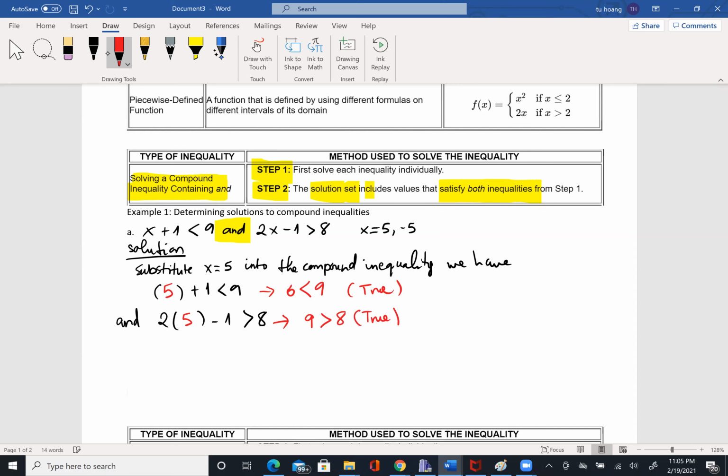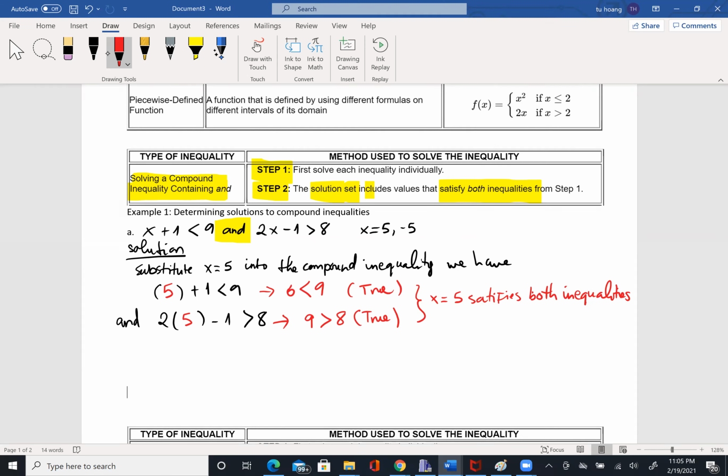So here I can say x equal to 5 satisfies both inequalities. So this should be one solution.